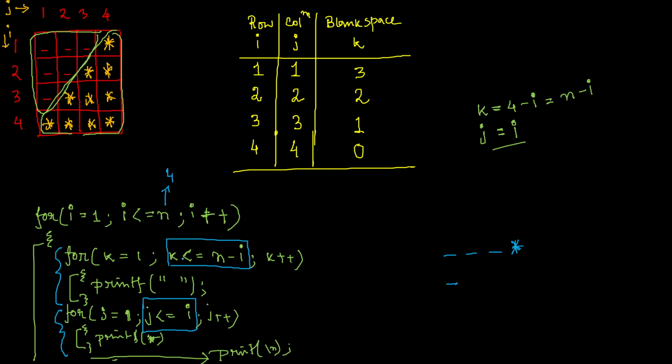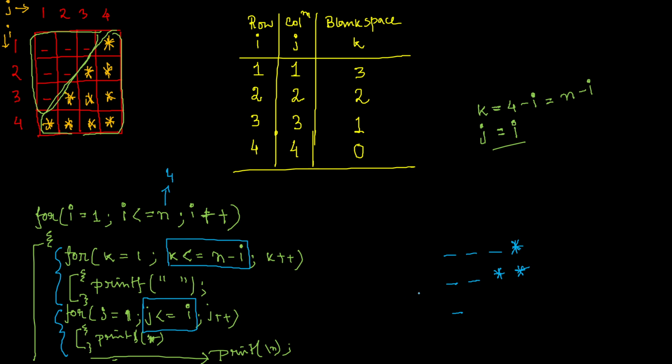When i is 2, k starts from 1 again, and k less than equal to n minus i, that is 4 minus 2, which is 2, so the k loop will run 2 times, and 2 blank spaces will be printed. Then the k loop will break and j will start, j equal to 1 to i, which is 2, so 2 stars will be printed, this is for sure.